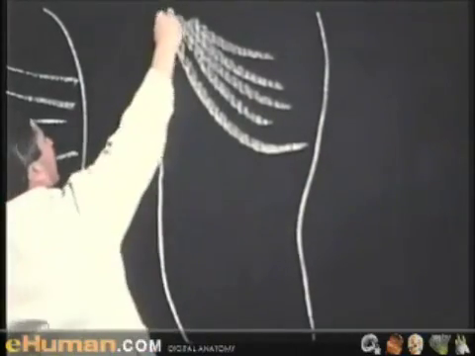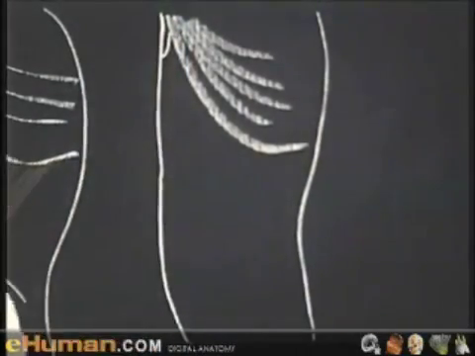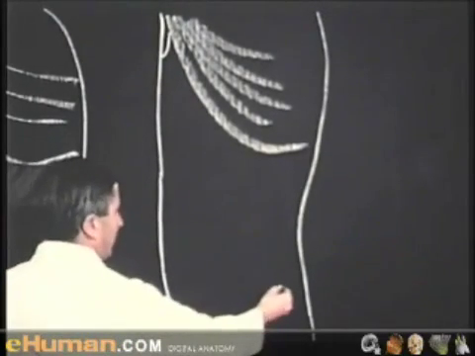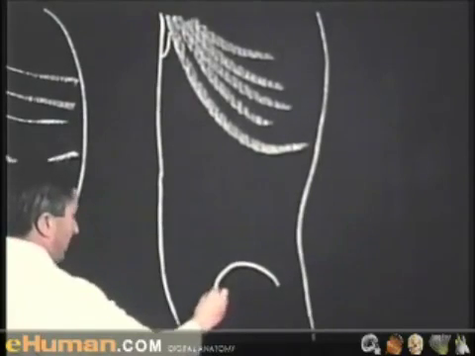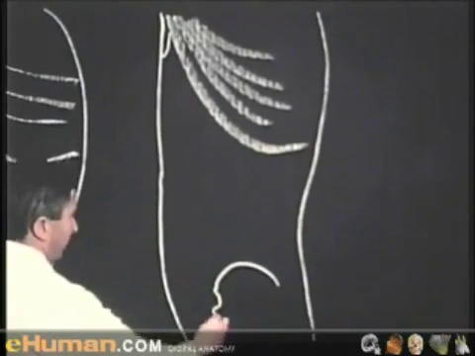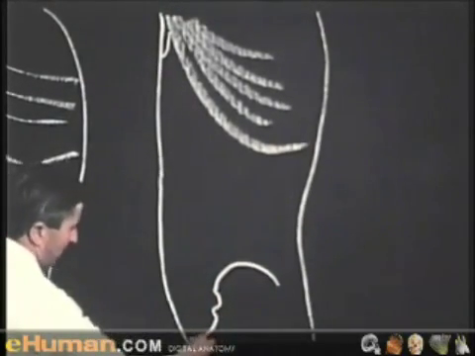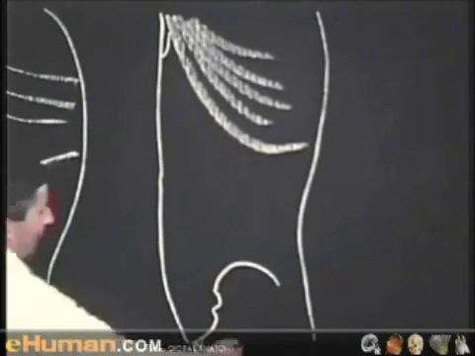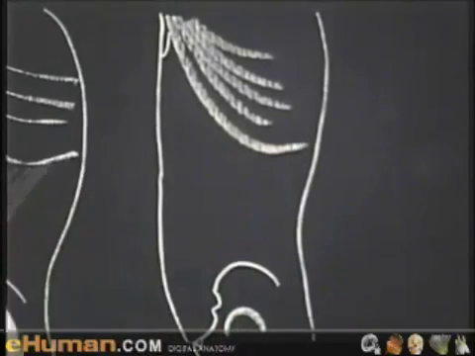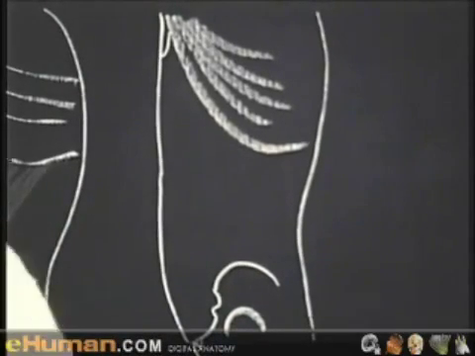And here's the xiphoid process, and below here we can indicate the iliac crest, the anterior superior spine, the anterior inferior spine, and the superior ramus of the pubis, and the pubic tubercle. And here, just to show the position, the acetabulum.